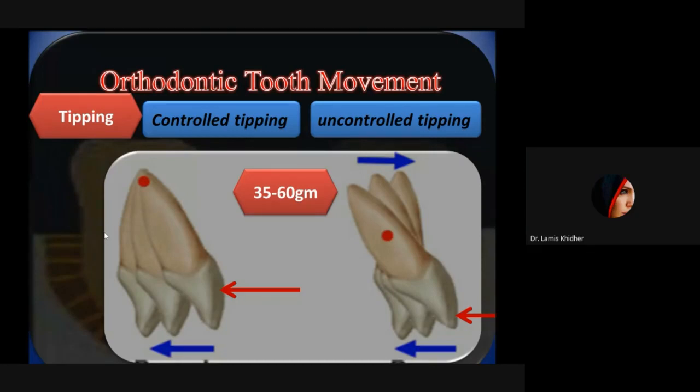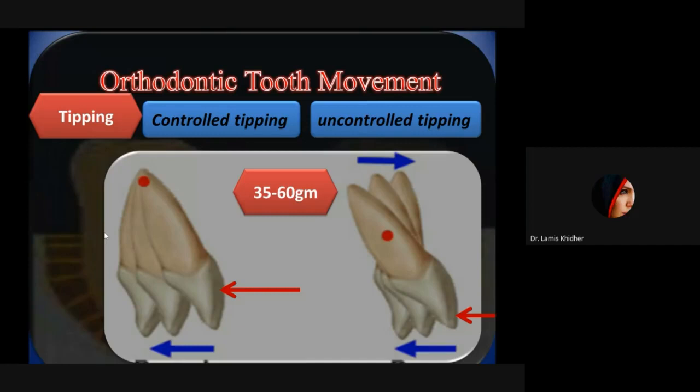Here you can see the red arrow. It represents the position of force application and the type of controlled tipping movement. Application of force at this point makes the center of rotation located apically at the apex of the root and induces the controlled tipping movement.